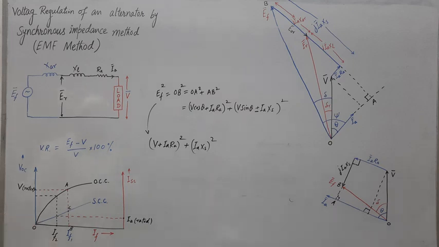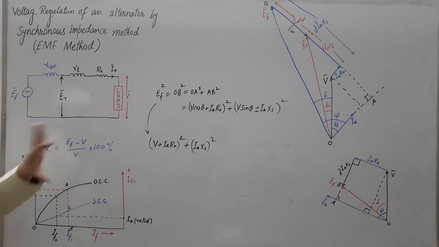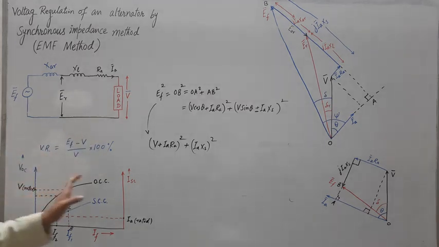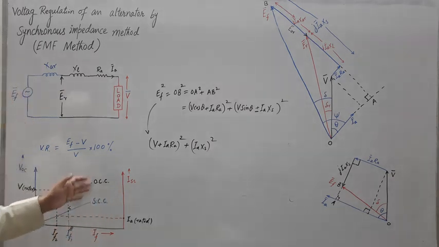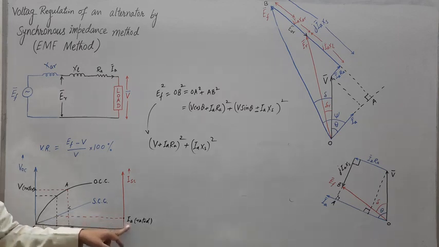I am summarizing again. In order to determine voltage regulation by synchronous impedance method, we need to get the value of synchronous impedance ZS. That will be obtained with the help of readings. Numerical readings will be given, open circuit test and short circuit test. Generally you have to take ZS corresponding to V rated, but sometimes readings corresponding to I rated may also be there, that is, readings corresponding to IF1 or IF2.